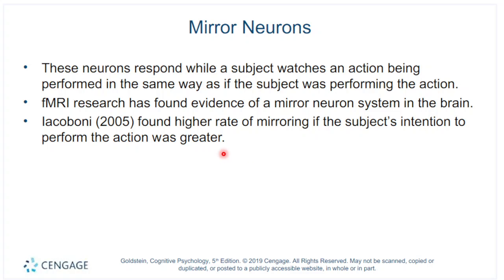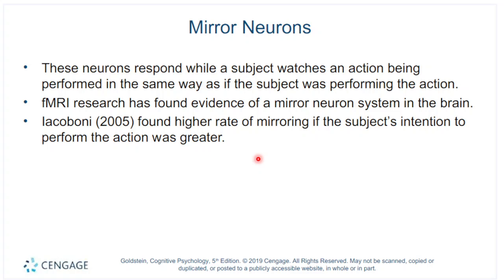Okay? So, the fMRI research has found evidence of a mirror neuron system in the brain. So, this might be very well a good explanation as to why we learn a lot or we learn well when it comes to modeling. Diba? Okay.